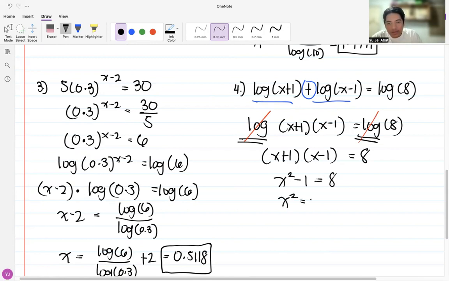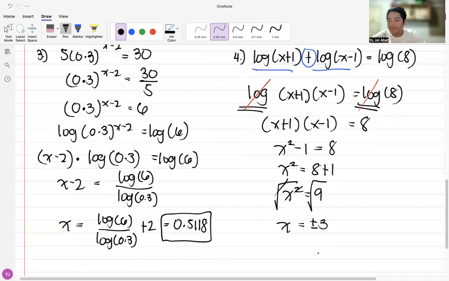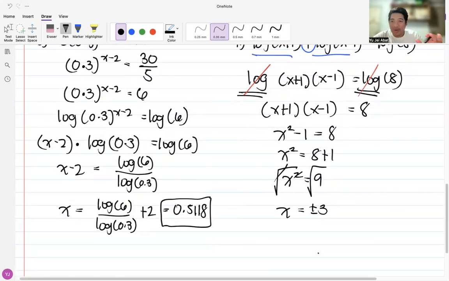So x squared, we have 8 plus 1. We have quadratic here. x squared equals 9. Take the square root of both sides. We have x equals positive or negative 3. Okay? So we have two answers because of the square root.